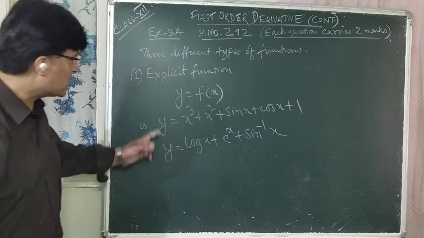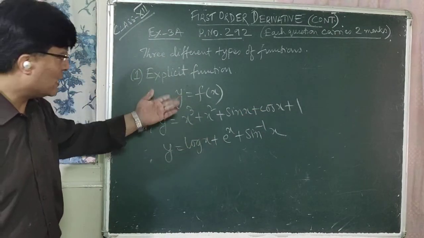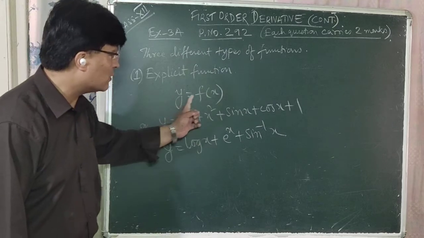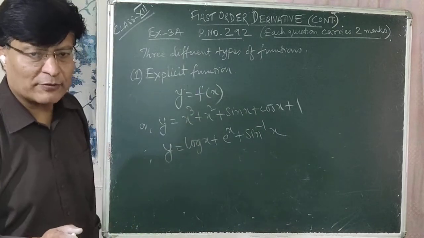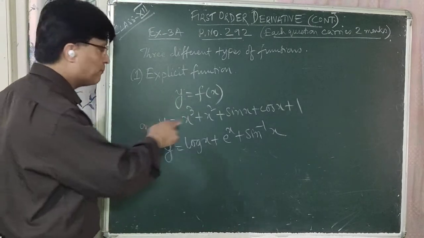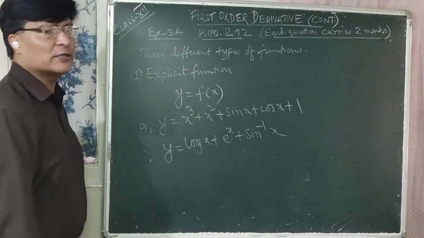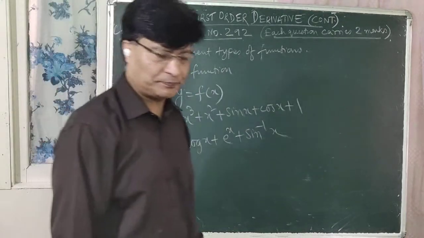So if you can write y as a function of x, then this type of function is known as explicit function.